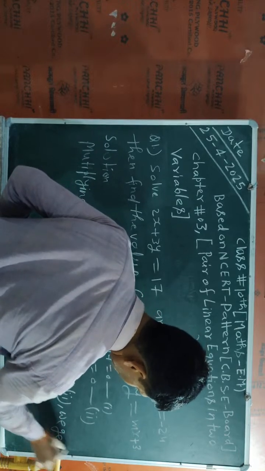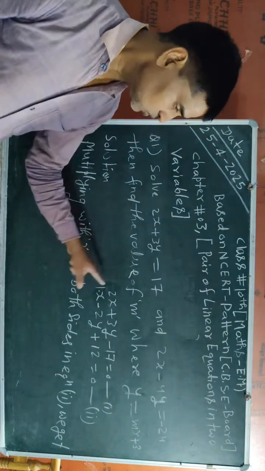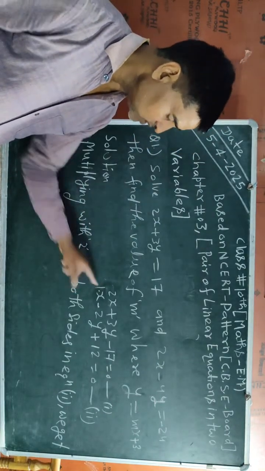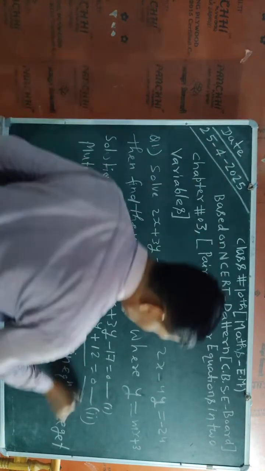Okay, student. So this statement I will write and I will follow. This is equation number 2. I will multiply by 2 on the left hand side and also on the right hand side.